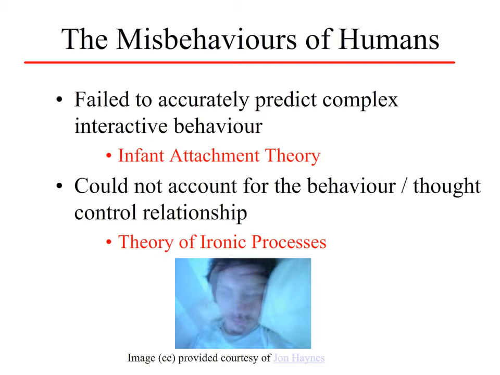The theory of ironic processes suggests that the more that we think about sleep, the less likely we will fall asleep within those moments. What we're doing is we're updating, we're checking our system. Have we fallen asleep yet? No. Okay. Have we fallen asleep now? No, we haven't. And by doing that, we keep thinking and we stay awake.